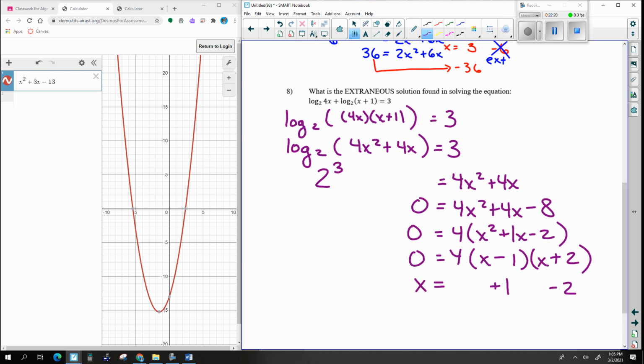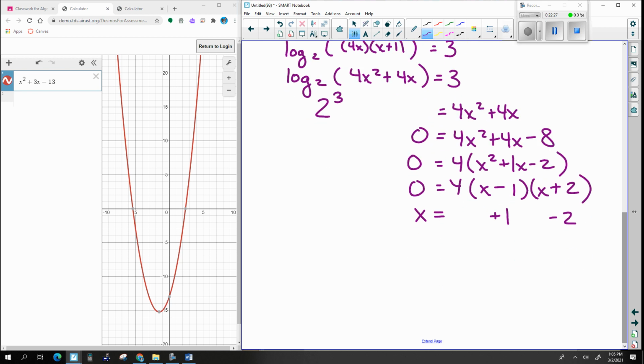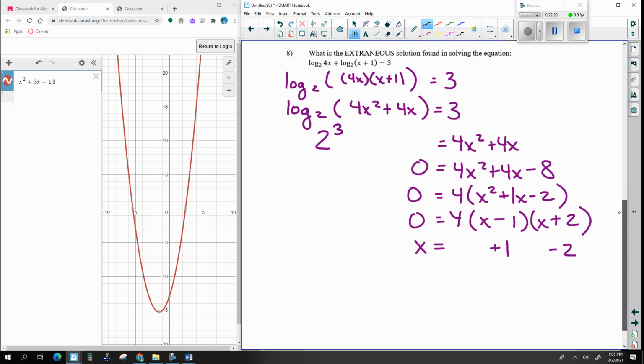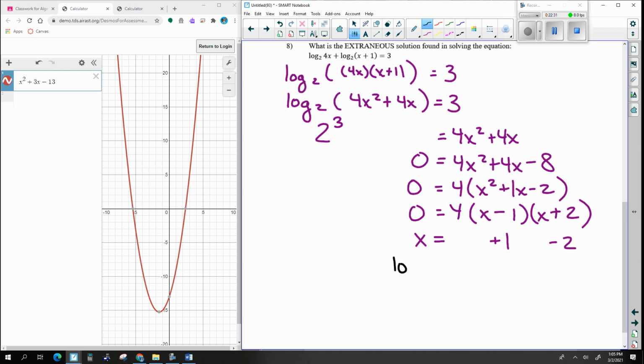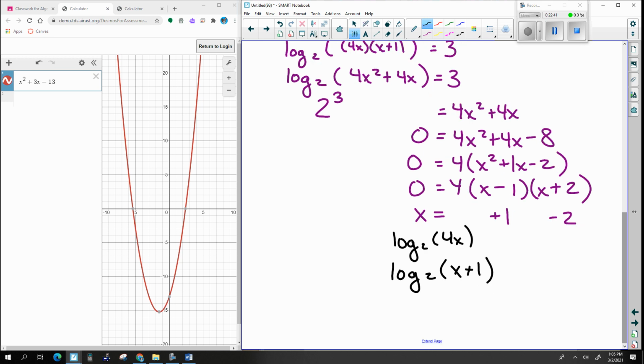Again, looking back at the original problem, I need the logs to have positive values on the inside. So if I have a log base 2 of 4x, and I have a log base 2 of x plus 1, am I able to plug in the number 1? If I plug in the number 1, this is going to be log base 2 of 4. That's good.